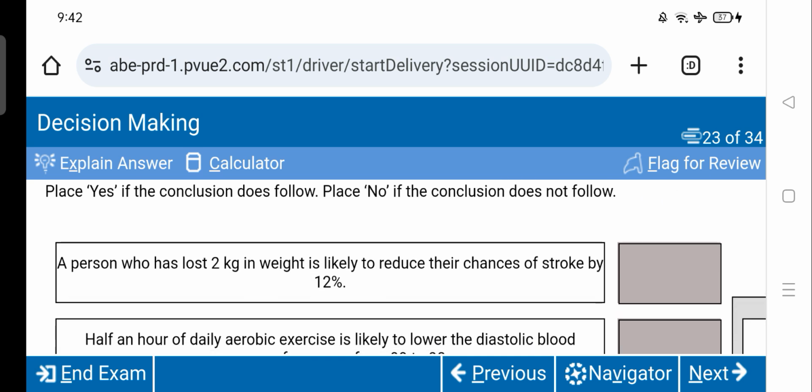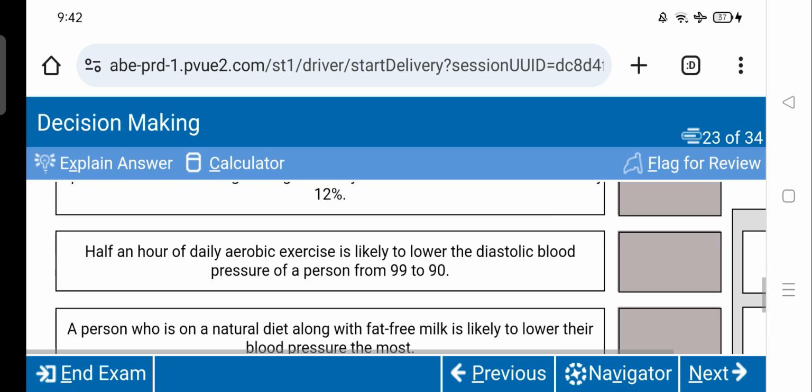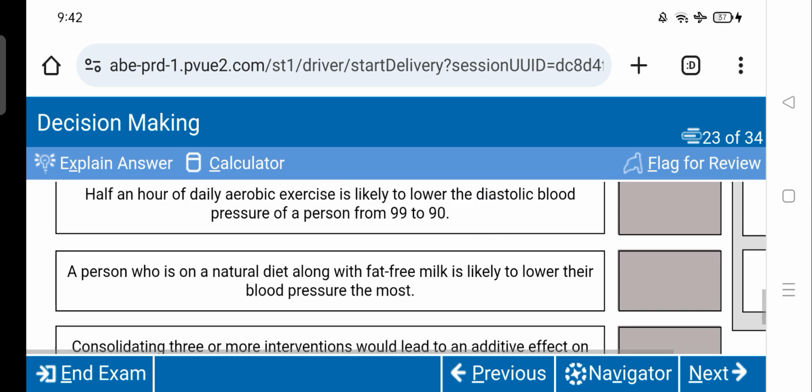A person who has lost 2 kg in weight is likely to reduce the chances of stroke by 12%. Half an hour of daily aerobic exercise is likely to lower the diastolic blood pressure of a person from 99 to 90. A person who is on a natural diet along with fat-free milk is likely to lower the blood pressure the most.